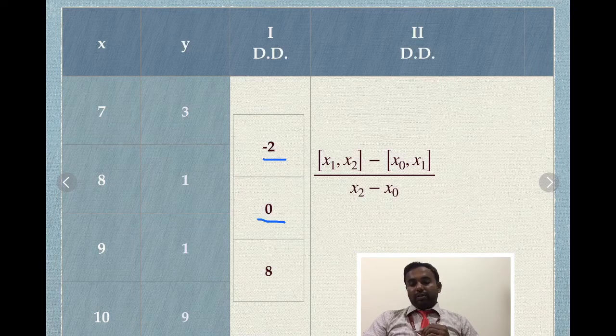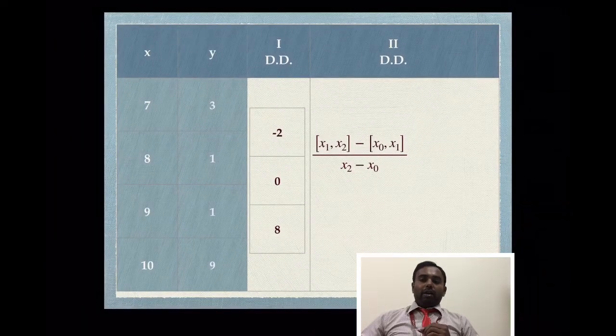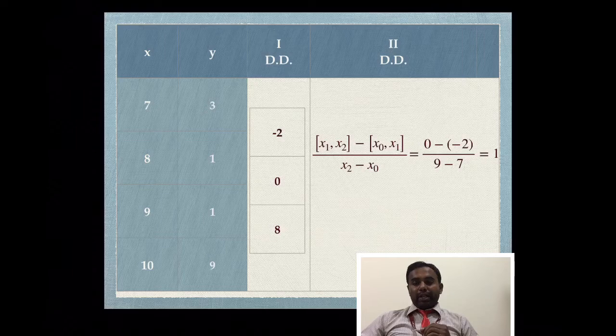In the denominator I have x2 which is 9 minus x naught which is 7. Getting it? So substituting the values, I am getting 0 minus of minus 2 divided by 9 minus 7. Of course it is x2 minus x naught. So minus into minus turns out to be plus, and in the denominator 9 minus 7 is also 2. So 2 cancels each other, it will be 1.